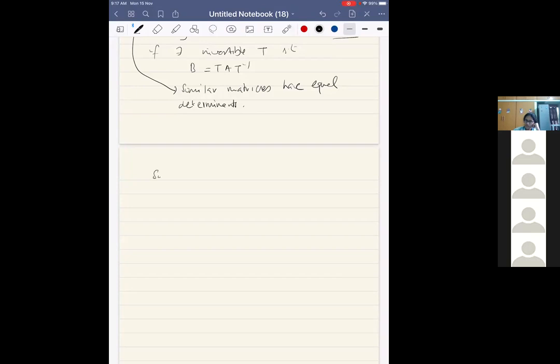So, to summarize, similarity is an equivalence relation on the set of n cross n matrices, and det A is constant on the equivalence classes.